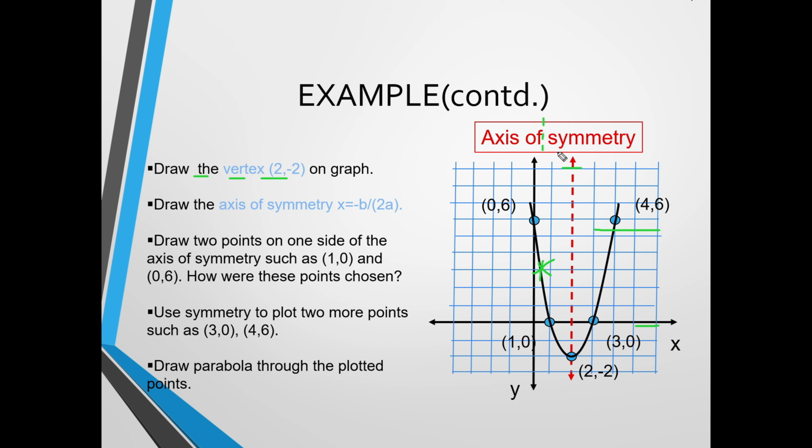I've already explained how the axis of symmetry works, and that will always go through the turning point, remember. So this is how we can draw the parabola through the plotted points, and those points are actually as given. And the axis of symmetry, remember, you can get that by using the equation x is equal to -b all over 2a, right?